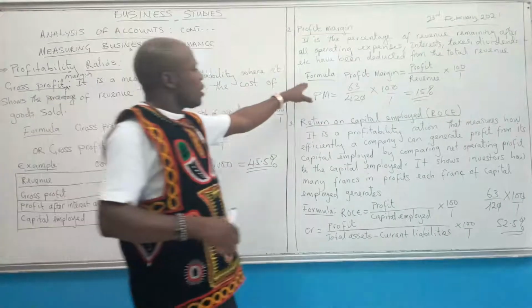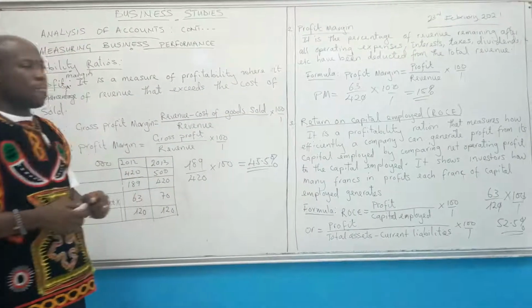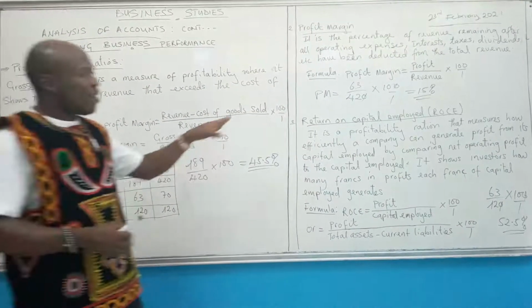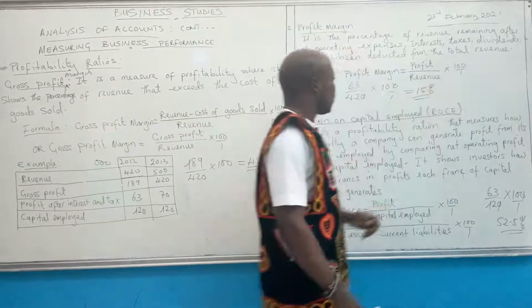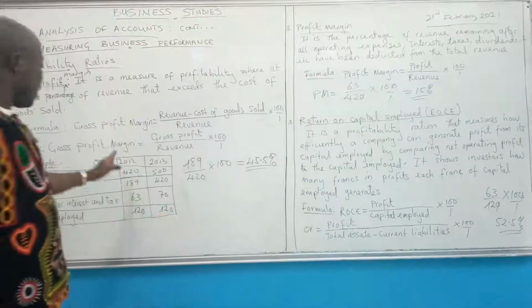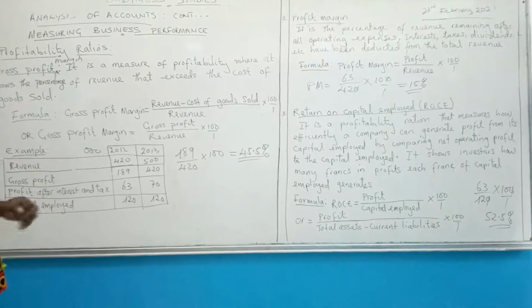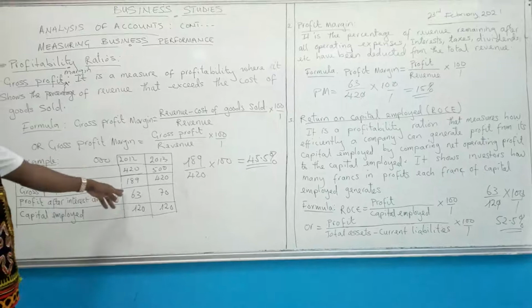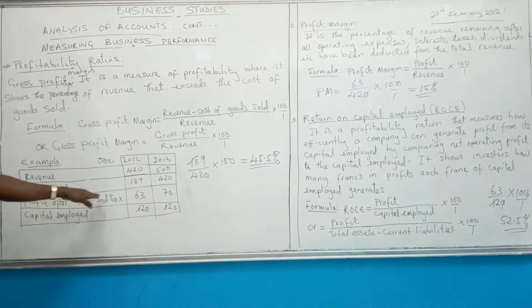Now, this is our formula for calculating profit margin. We have profit all over revenue times 100. Let's use the same table to calculate profit margin. We have profit 63, which is profit after interest and taxes, right?